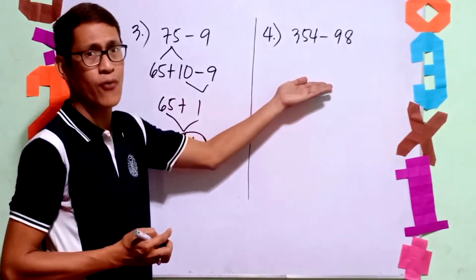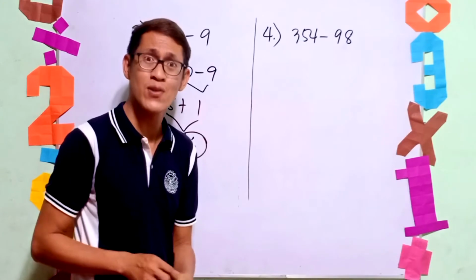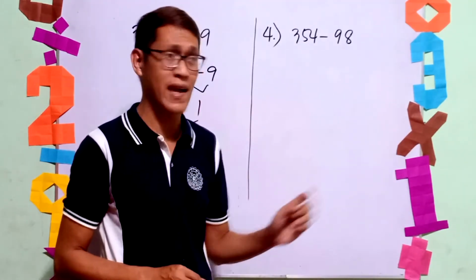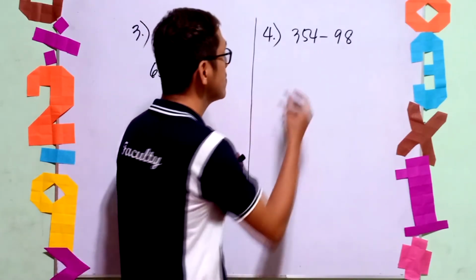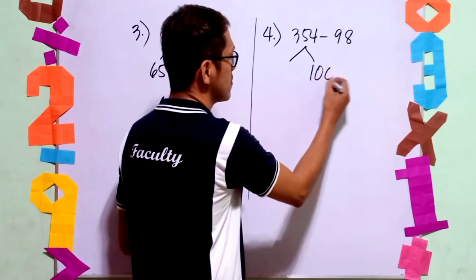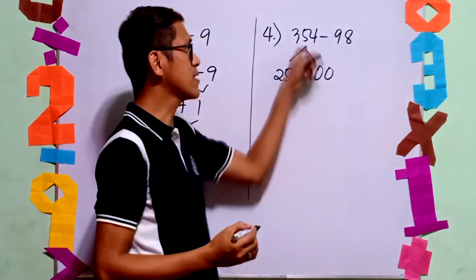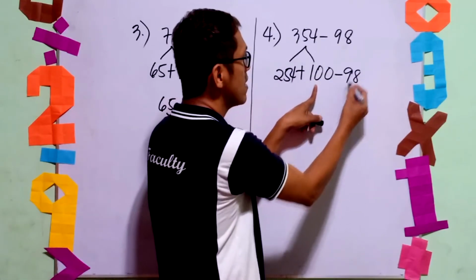What about number 4? Look at number 4. 98 is closer to 100. So it's easy for you to subtract 100 minus 98. So meaning we have to split this into 100 plus what? Yes, 254. So instead of subtracting these two, just subtract 100 minus 98.